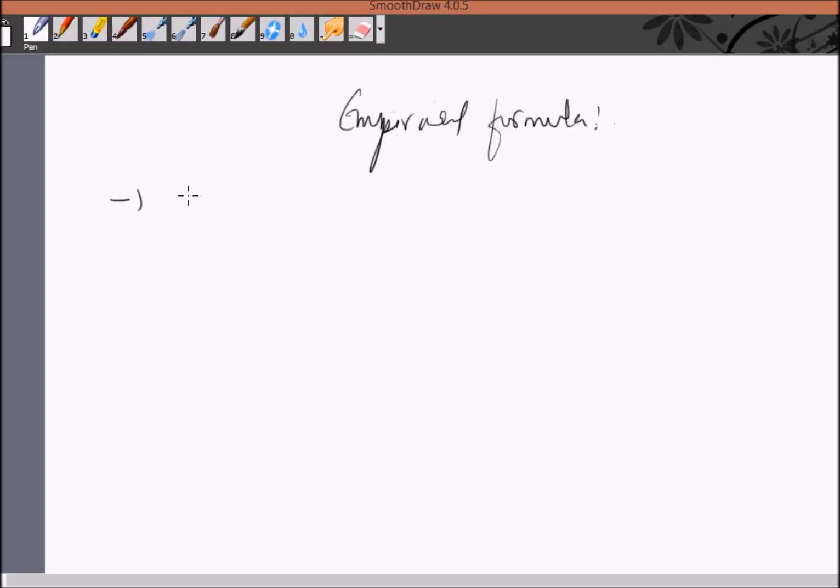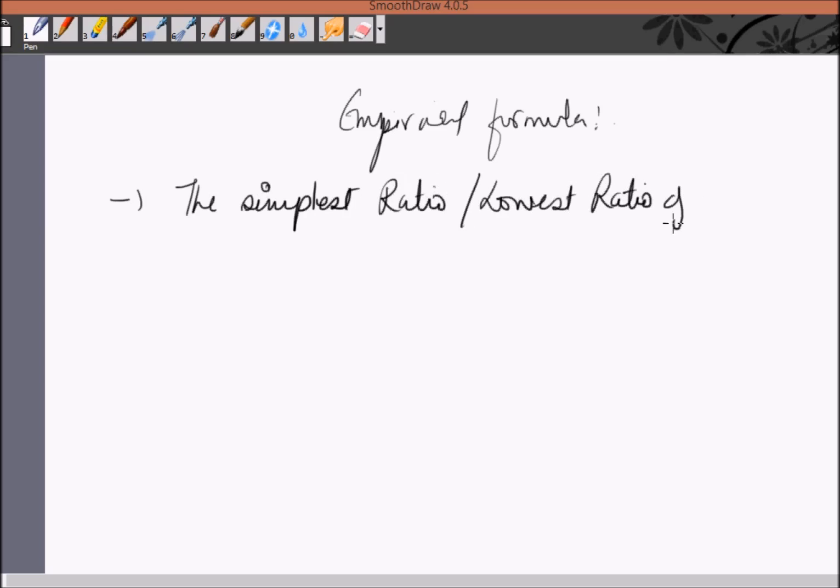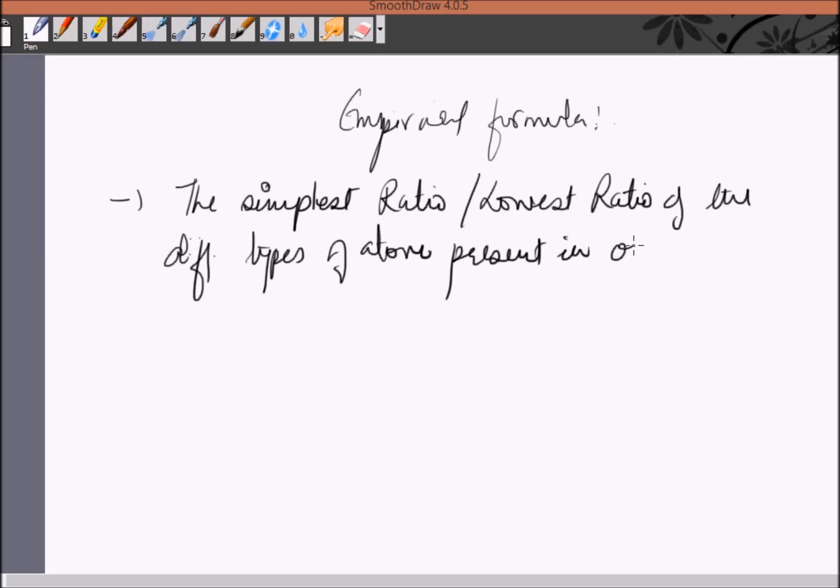It is nothing but the simplest ratio, or you can also say the lowest ratio of the different types of atom present in one molecule of compound.